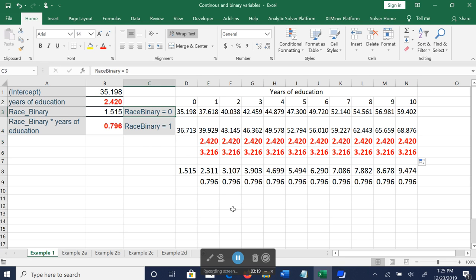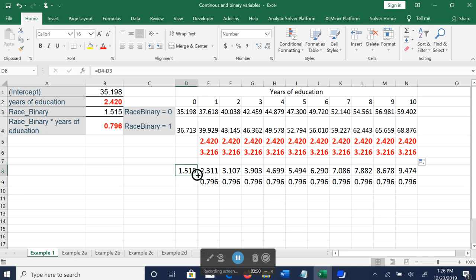And we can also estimate how ratio differences for income are going to look like for those with 0 years of education. This is the formula. And we can also estimate how ratio differences for income are going to look like for those with 1 year of schooling, 2 years of schooling.